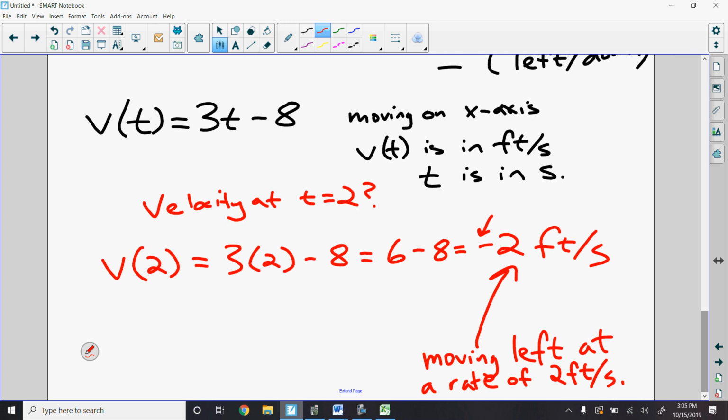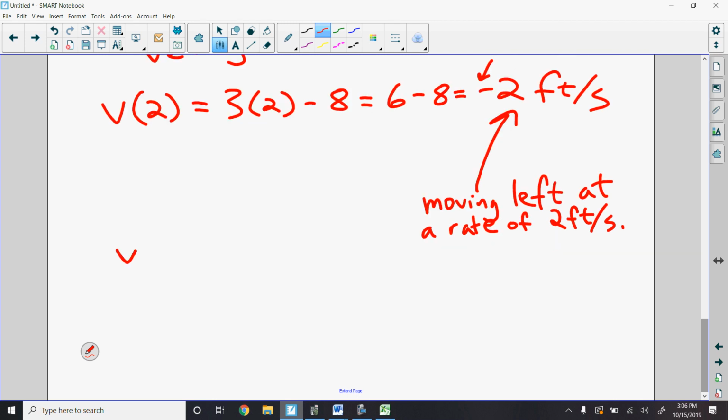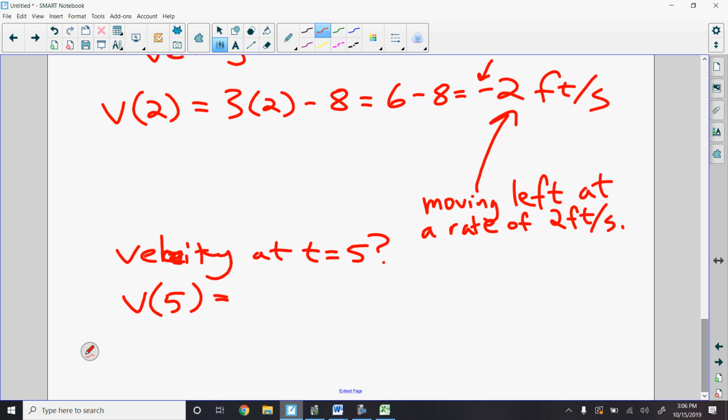Okay. Let's try another one. The velocity at t equals 5. Velocity again, that would be v of 5 equals 3 times 5 minus 8. Okay.